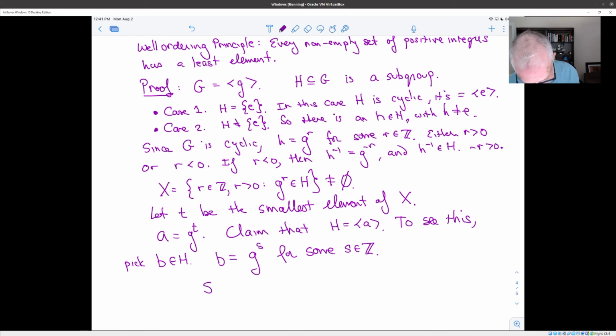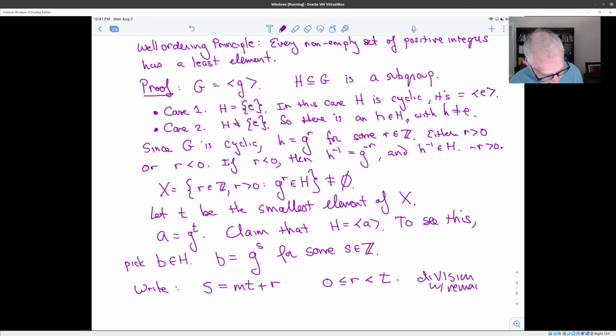So we know that we can write s as equal to m times t plus a remainder r, where r is bigger than or equal to 0 and strictly less than t. This is called the division algorithm. It's division with remainder. Basically what we do is we take out as many t's as we can from s, and whatever's left over we call r. You have to be a little bit careful if you have positive or negative numbers here, but it's still always possible to do this with r, the remainder, in the range 0 to t.